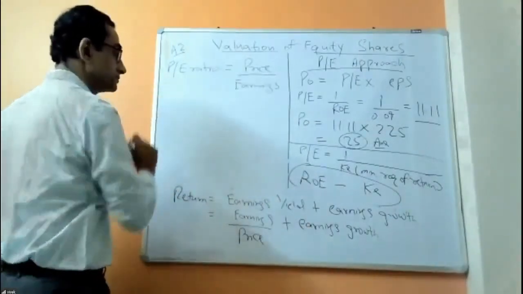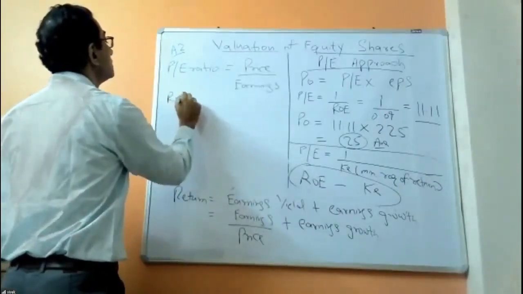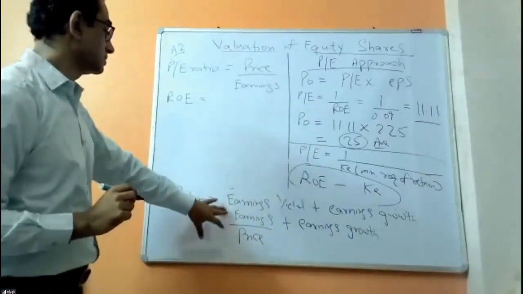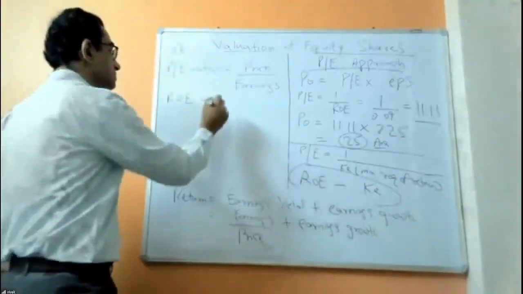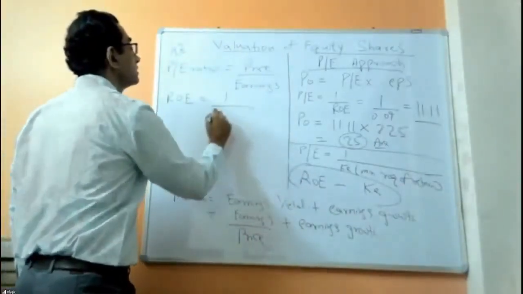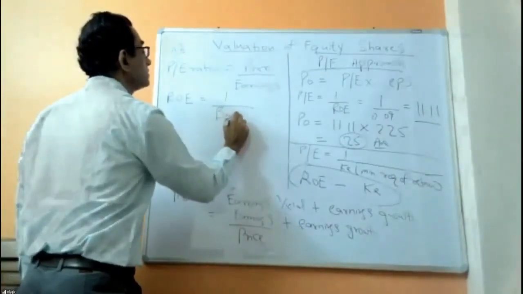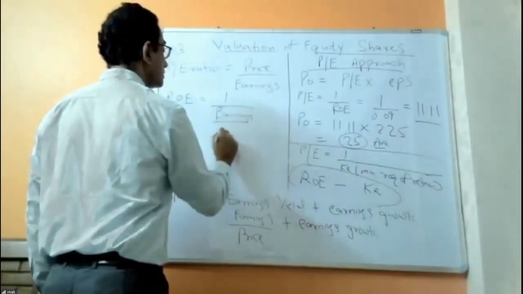Or if you say the return, so return is the earning upon price plus earnings growth, and price earning ratio is the price upon earnings. So if we can measure 1 upon earnings upon price.